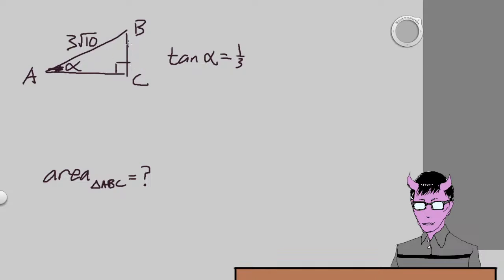We don't know what those are, so I'm going to use letters for this one. Let's call this one y. Now let's call this one x. So tangent of alpha is equal to 1/3. That's pretty bad, right? So unfortunately, there's not too much to work with.